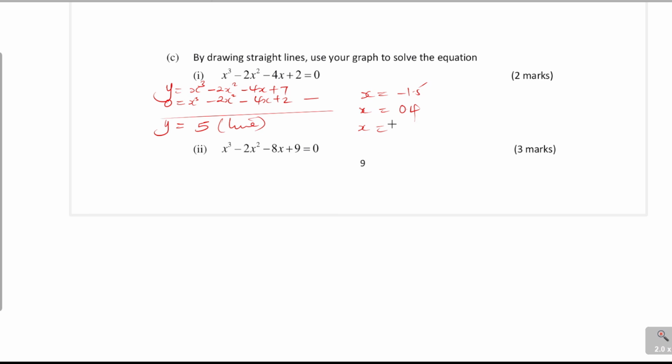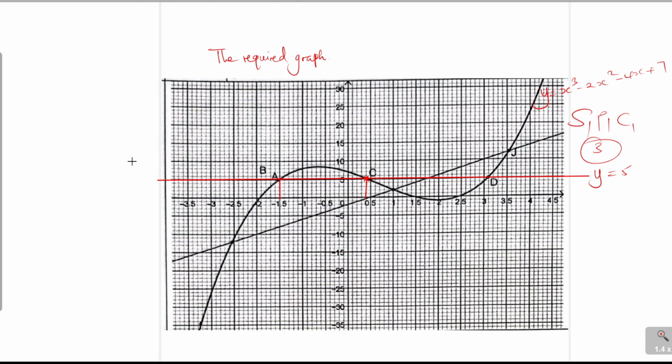And then we still have another point of intersection. Not that one, this one. We are considering the line y equals 5 on the curve. So let me mark it.